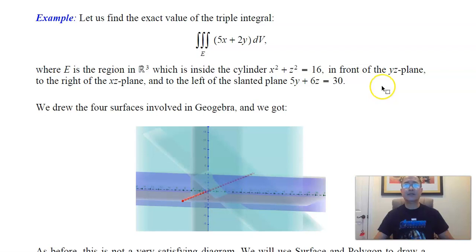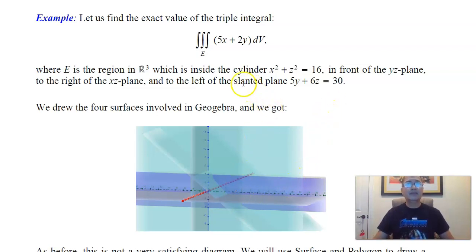So basically, it is the front half of that cylinder. But we also want the part to the right of the XZ plane, where y is positive, but cut off at the slanted plane 5y plus 6z equals 30. So we want the portion to the left of that plane.